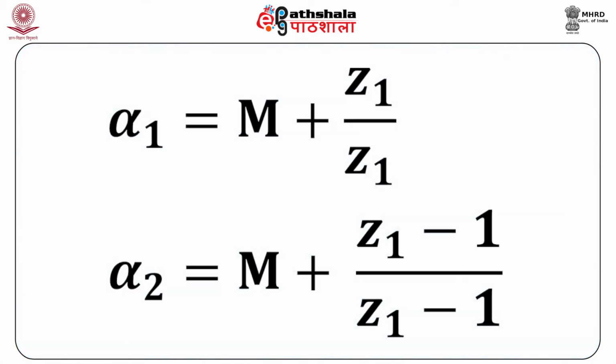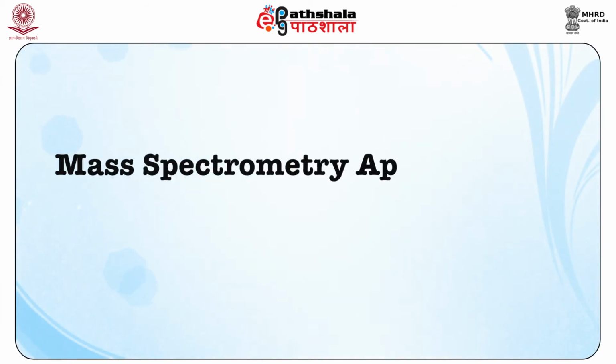Note the two equations are as follows: alpha 1 is equal to (M plus Z1) divided by Z1, equation 1. Alpha 2 is equal to (M plus (Z1 minus 1)) divided by (Z1 minus 1), which is equation 2. Both these are linear equations which can be solved for M. Now let us look at the applications of mass spectrometry.